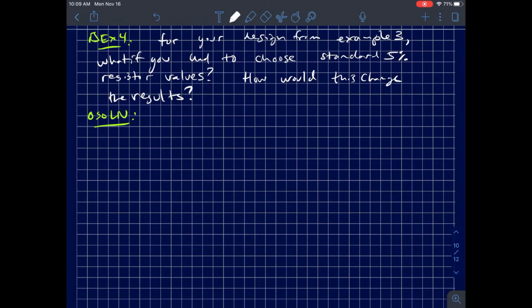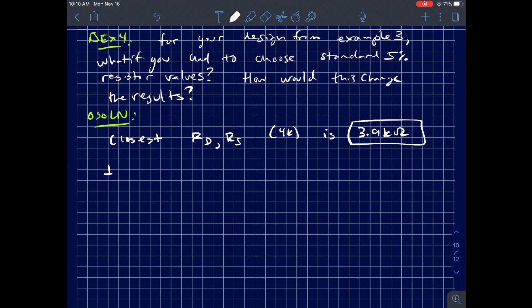In my last example, what I would like to do is take the design from example 3 and look at what would happen if I had to choose standard 5% resistor values. How would this change the results? So let's look for closest values. The closest for RD and RS, which were originally 4K, is 3.9 kilo ohm.